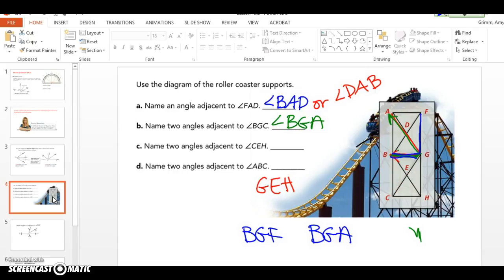Were those my originals? Let me make sure, because I'm confusing myself now. BGA was my original. So now you're telling me to draw in BG.